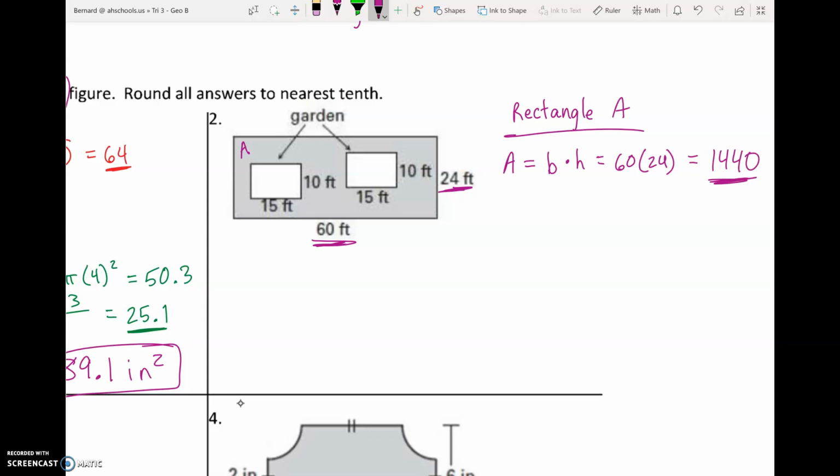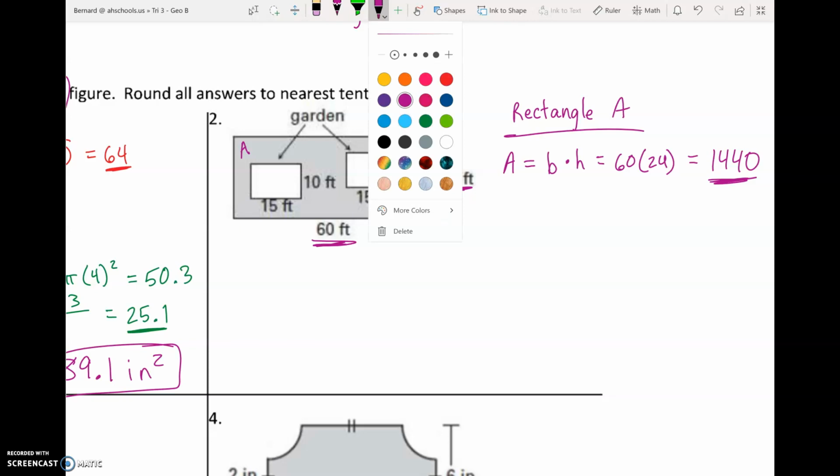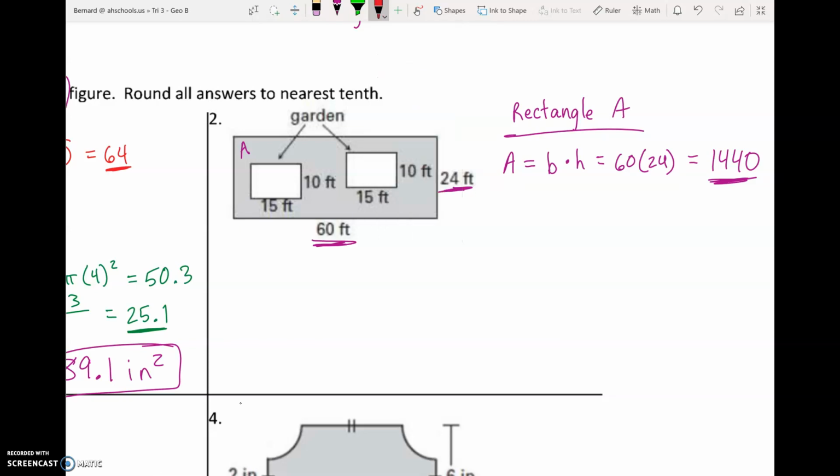That's the area of the big rectangle, but it is not the answer yet. Now I'm going to put a B into that one and a C into the other one. We need to find the areas of those 2 rectangles as well. And then since they are not shaded, we will subtract them away from our shaded total, right?